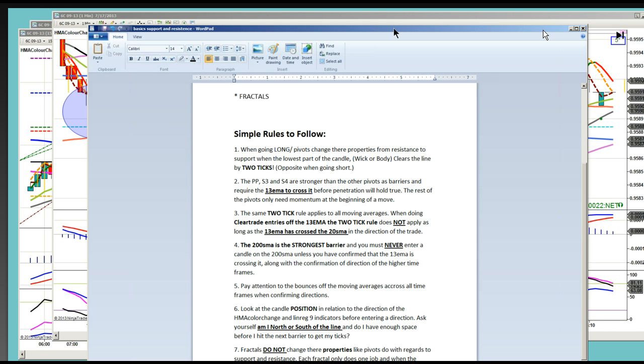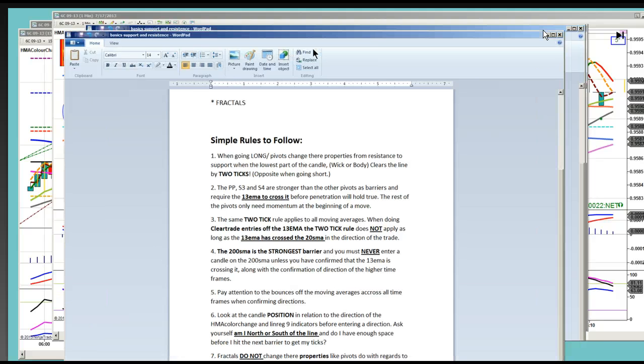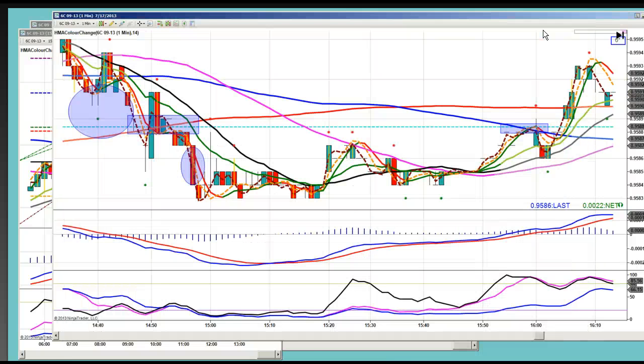let's go to the end here so we can see the labels. We look at all our pivots, and I always like this analogy: think of them as floors in an apartment building.